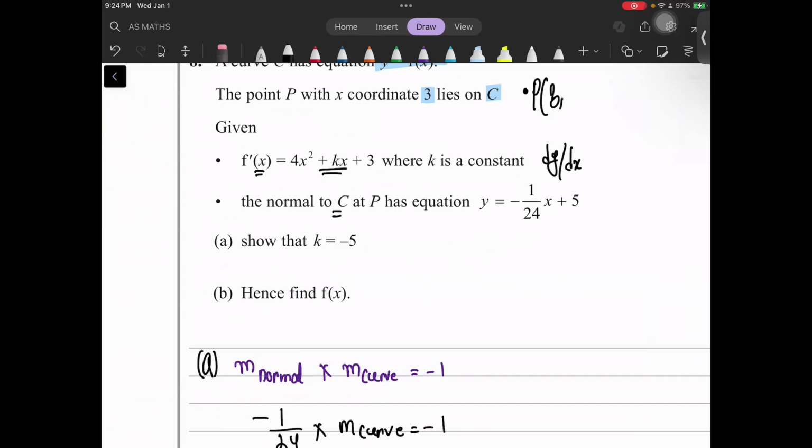The normal to C at the point P has an equation of this.